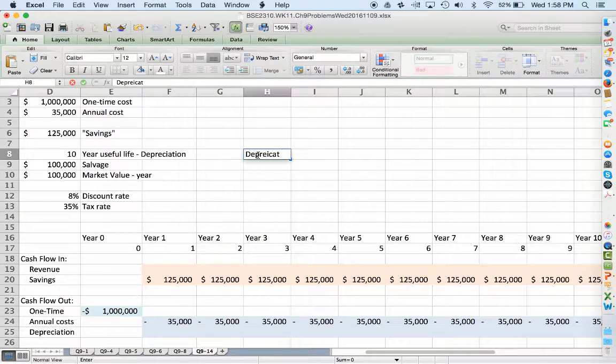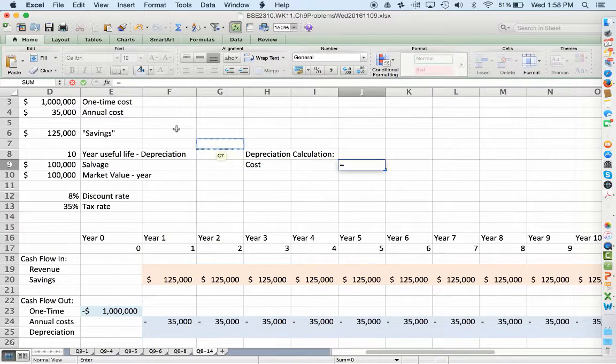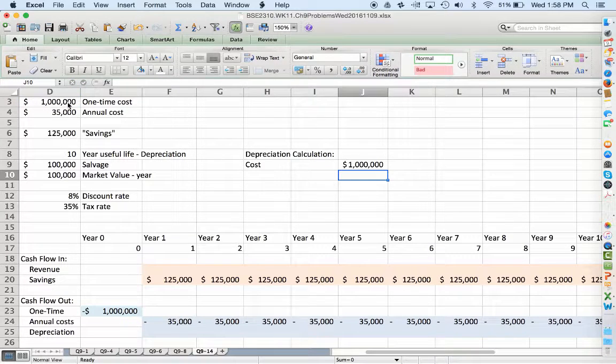I don't like to shortcut things. So the cost of the lathe is $1 million. The salvage value is $100,000.